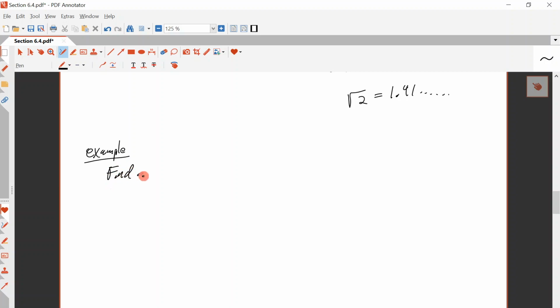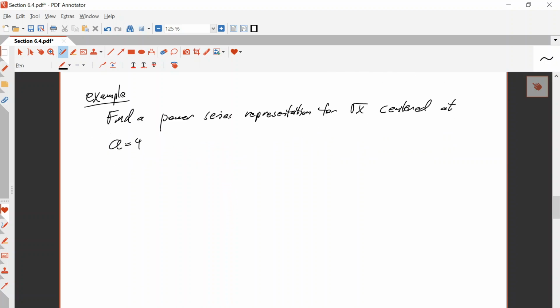Find a power series representation for the square root of x, and let's center it at a equal to 4. Well, the square root of x is equal to the square root of 4 plus x minus 4, to the 1/2 power.